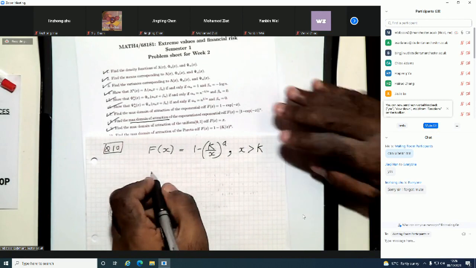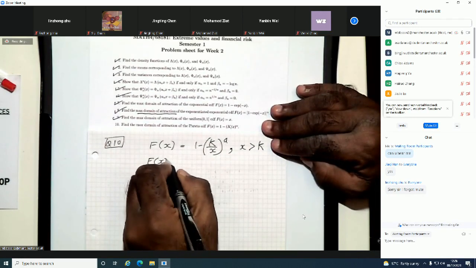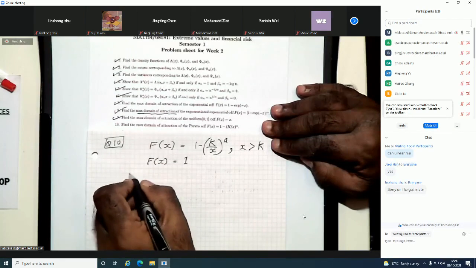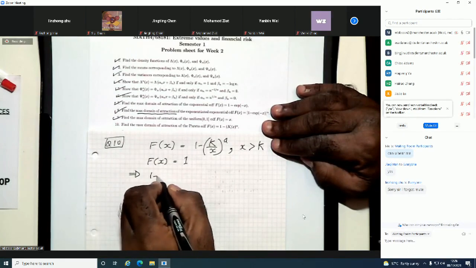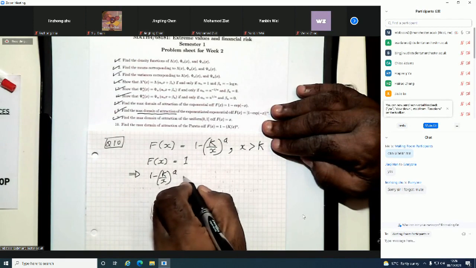So you put F of x equal to 1, which implies that 1 minus this is equal to 1.